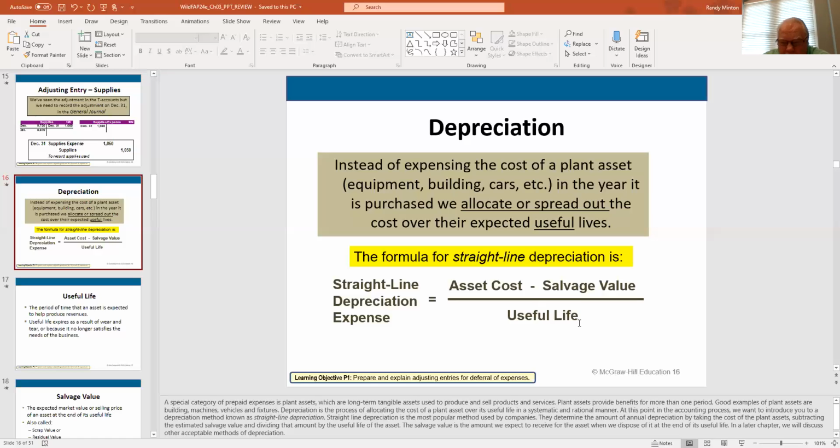Now, where it gets tricky for you all is that we're going to very rarely use a whole year. We're going to use some months, 3 months or 4 months or whatever. So now you have to take that and apply it to, for this period, how long you've had it. So I'm going to give you an example. Let's say that you buy something on September the 1st. This same building that we just talked about. So we get $5,000 a year.